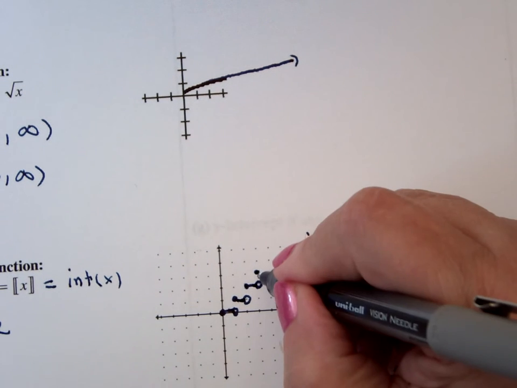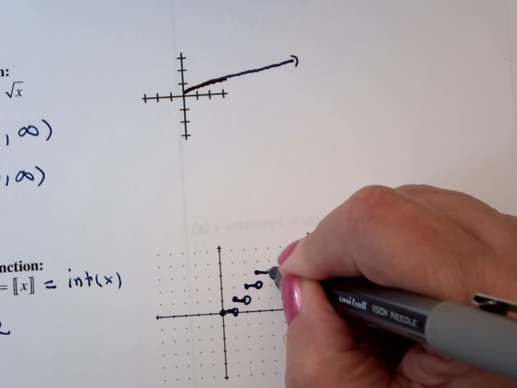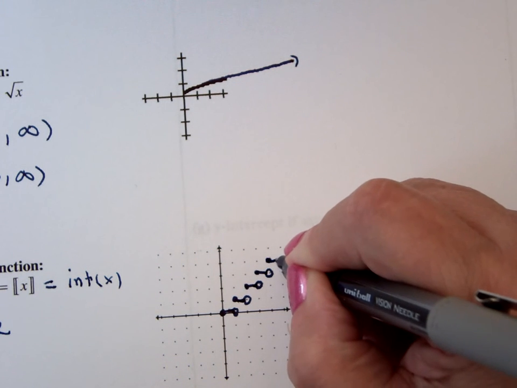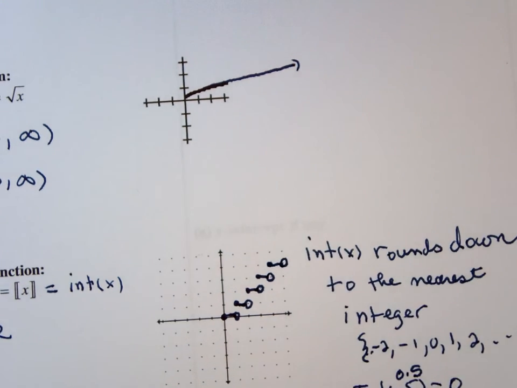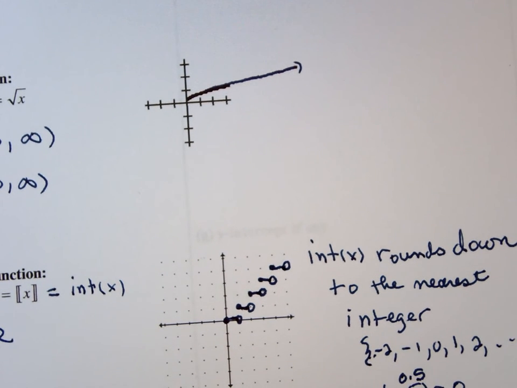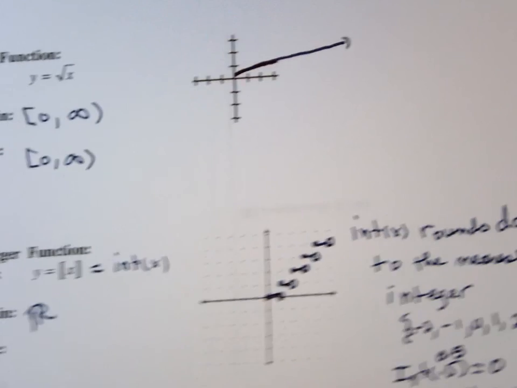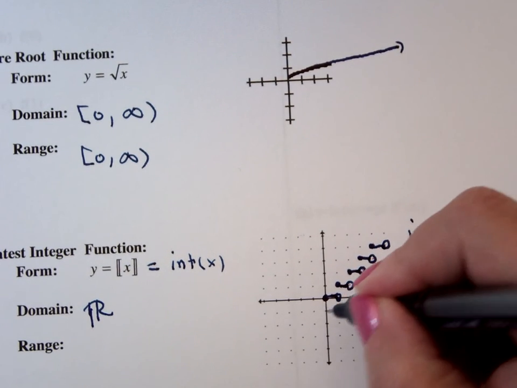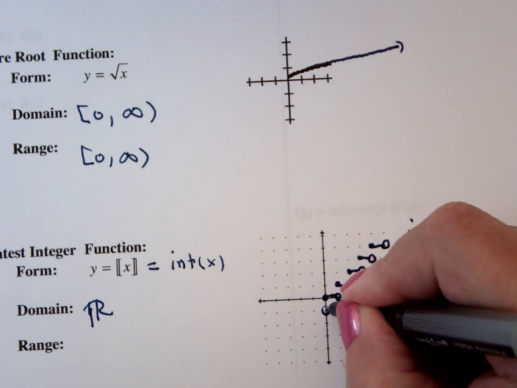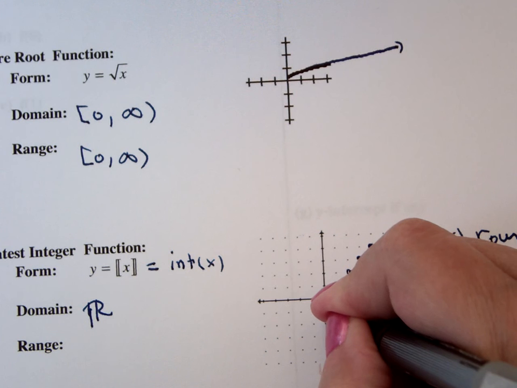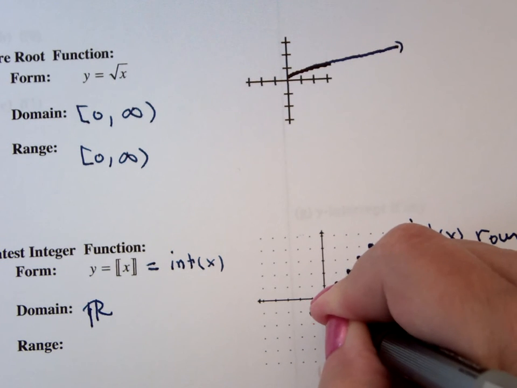Between 3 and 4, it's 3 till it gets to 4, then it jumps. And it keeps on going. He is weird, is he not? Really weird. Now, if I'm going the other direction, it continues to go down.